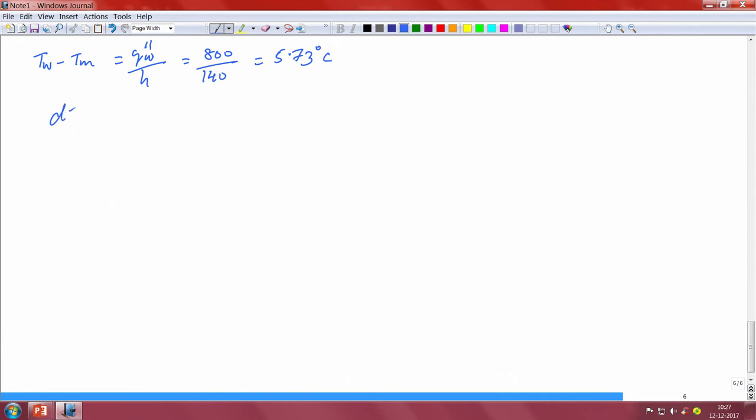So, basically your dT_m by dx is equal to P by A times q_w double prime over rho C_p into U, which is equal to 2W by W d times q double prime. This is perimeter by area, not pressure.